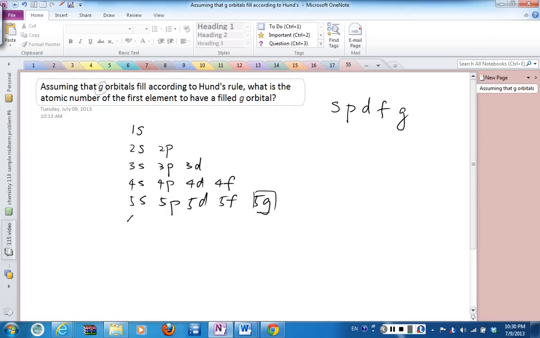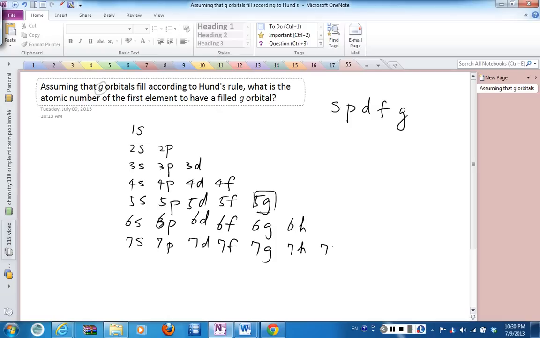So let's keep going. 6s, 6p, 6d, 6f, 6g, 6, well, let's call it h. 7s, 7p, 7d, 7f, 7g, 7h, 7, well, whatever. 8s, 8p, 8d, 8f. This should be enough.